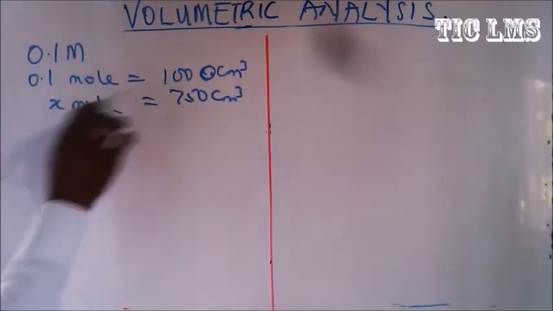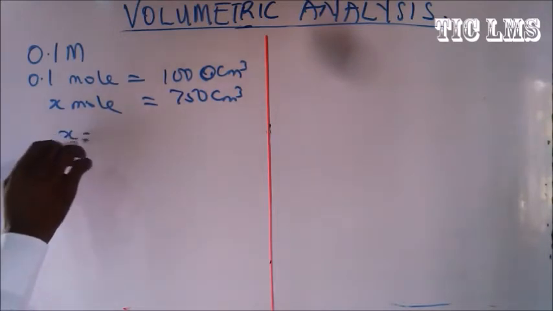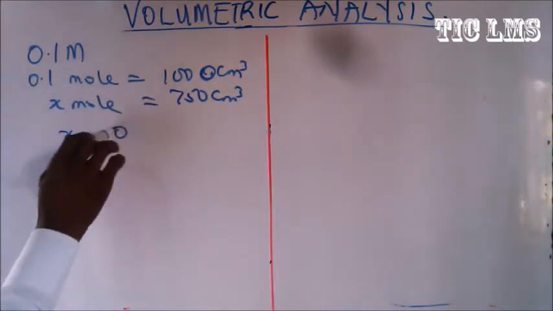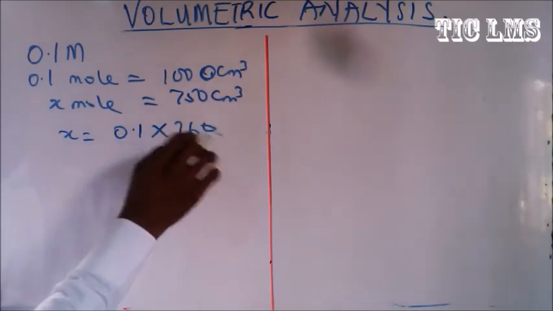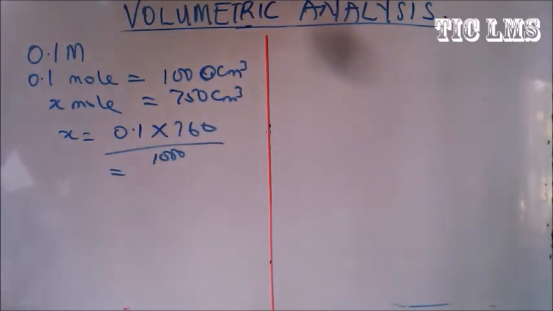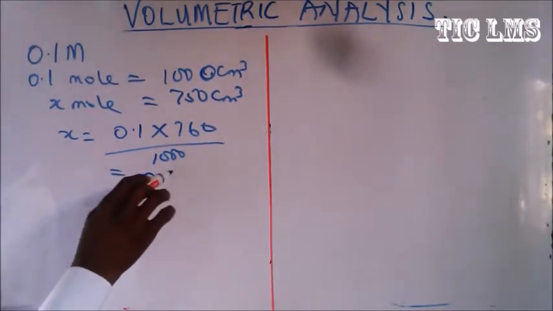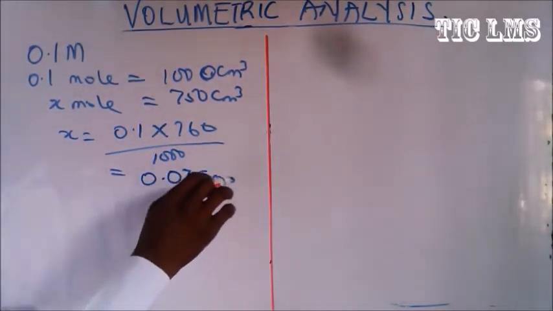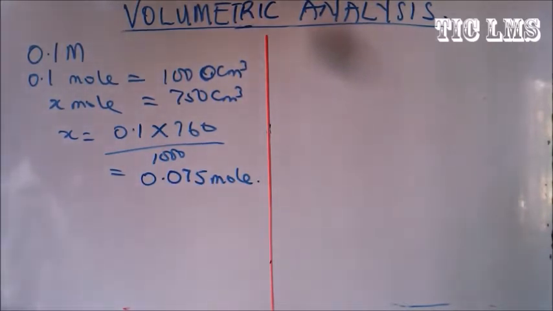When we cross multiply, x multiplies 1000 and 0.1 multiplies 750. So we have 0.1 multiplied by 750 divided by 1000. And when we multiply, this gives us 0.075 mole. So here is the number of moles that we have in 750 cm³.